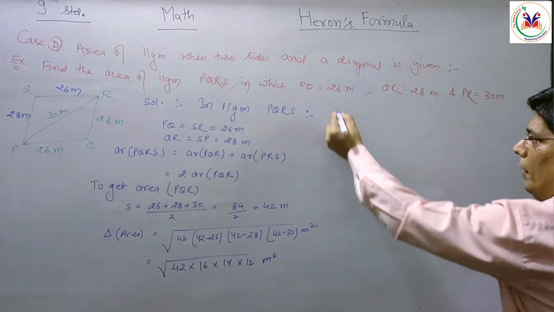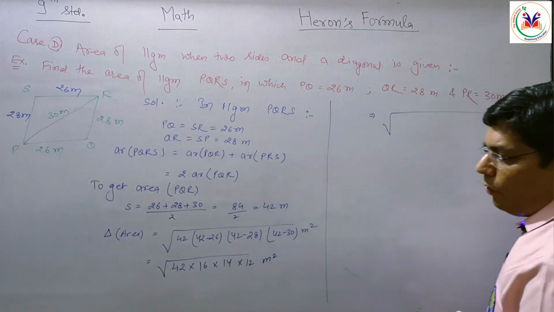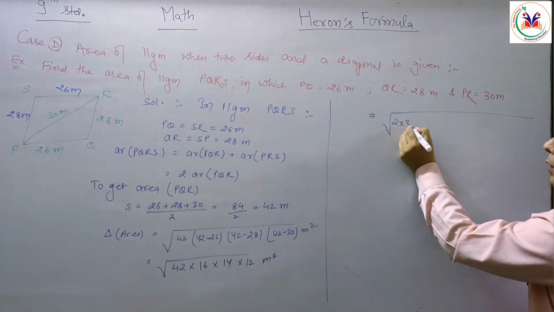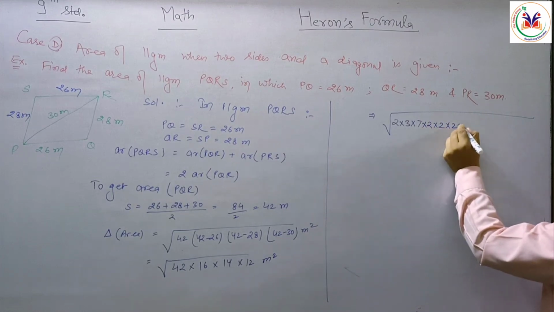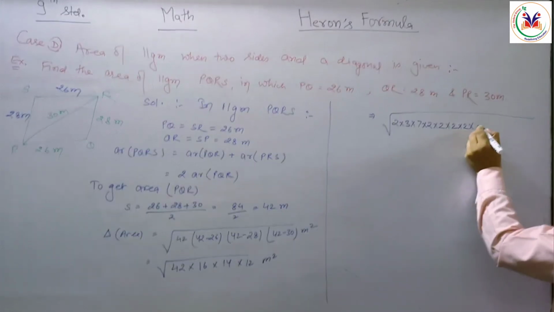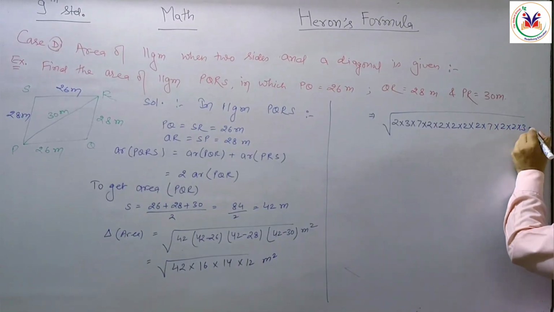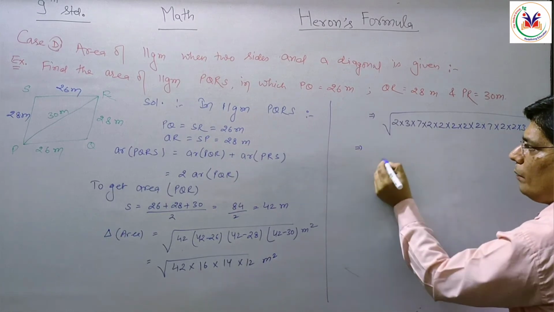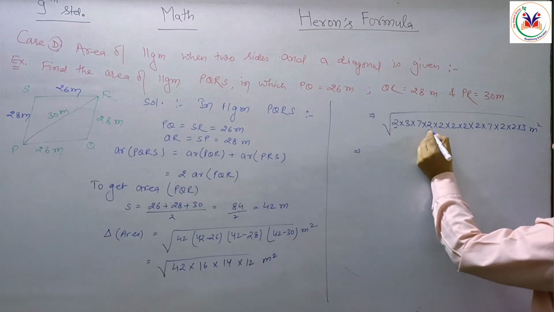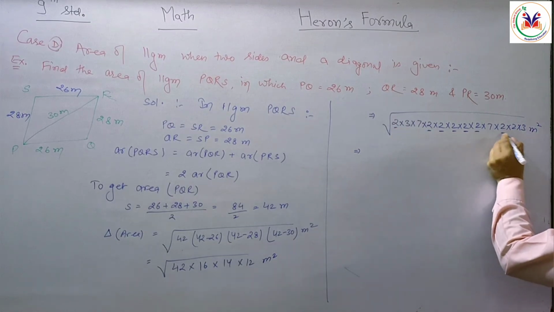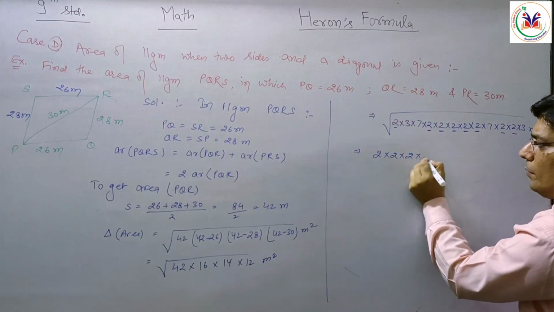Now we should calculate the factors of those things. So 42 is 2 into 3 into 7, 16 is 2 into 2 into 2 into 2, 14 is 2 into 7, and 12 is 2 into 2 into 3, that will be meter square. Now we count 1, 2, 3, 4, 5, 6, 7 and 8. 8 times we are getting 2, so we should write it 4 times.